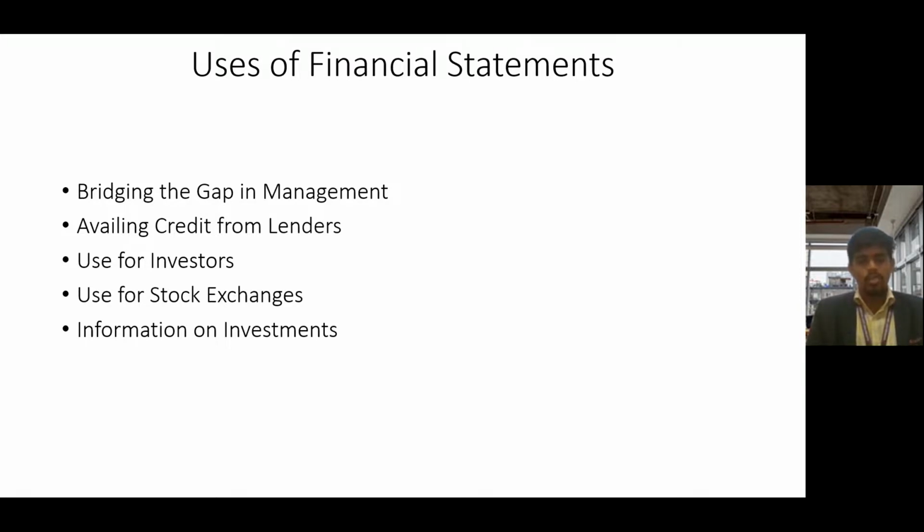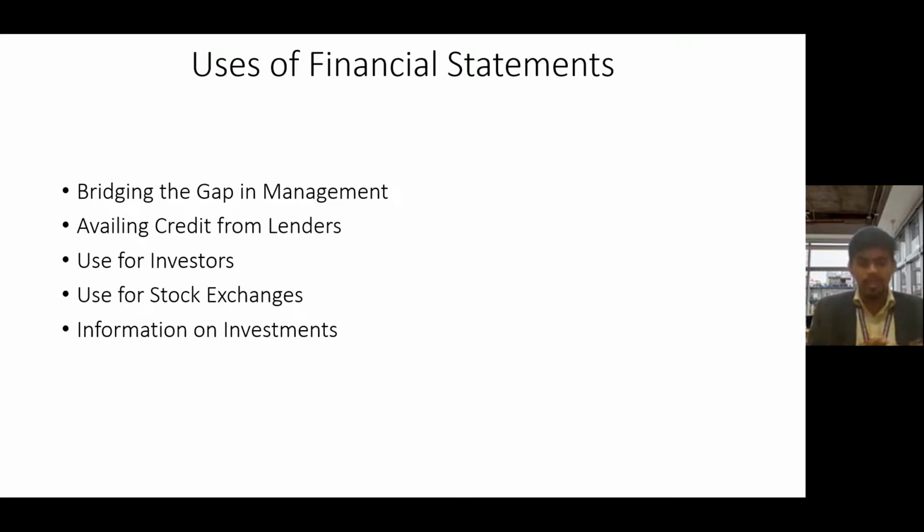Here owners may be individual persons or a group of persons, or stakeholders, we can say: a variety of equity shareholders, preference shareholders, debtors, and many other people who are asking how the company is performing. So financial statements will help us show what the gap is, that is, the gap in company performance between the management and the owners.